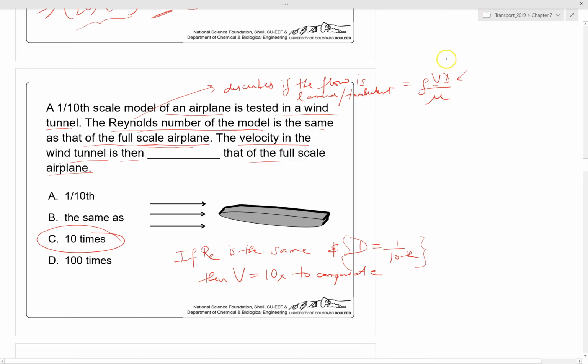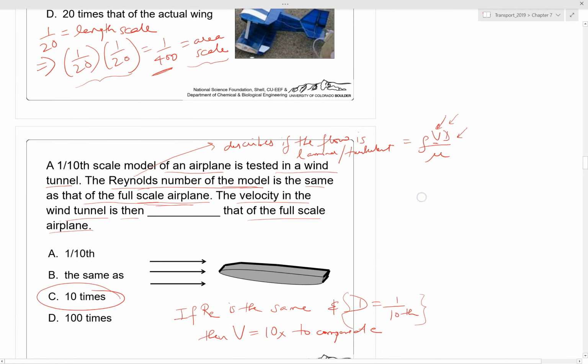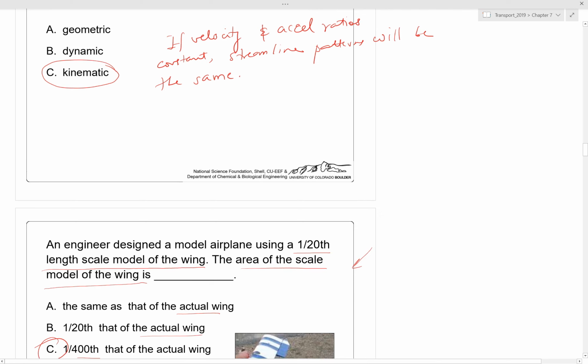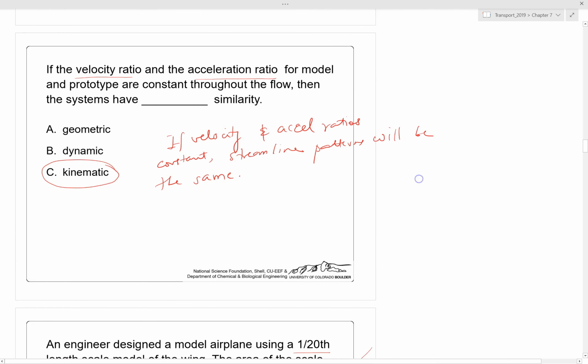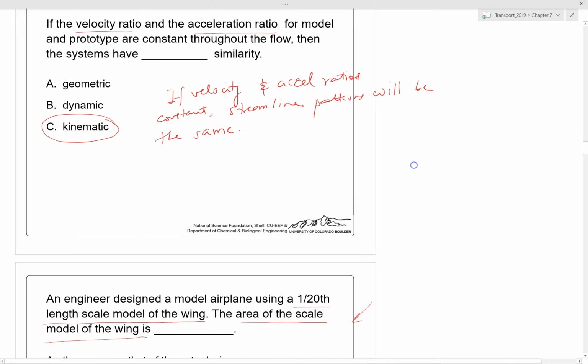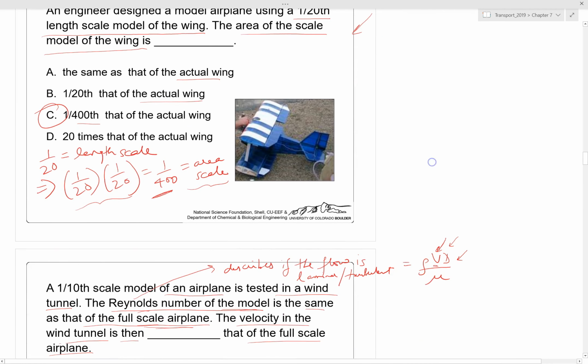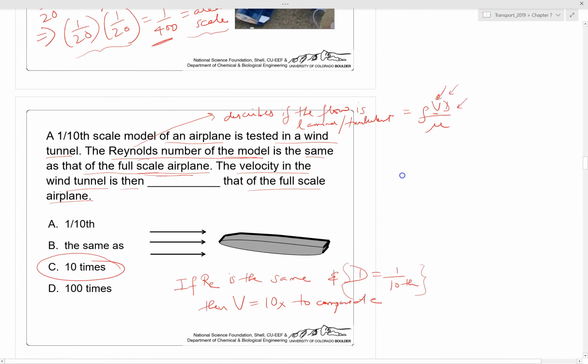You basically see which parameter is being decreased in your model, and compensate for the other, such that the Reynolds number is conserved between the airplane and your model plane. So you have to apply your common sense, know which pi's to equate, and it's pretty straightforward from there on.